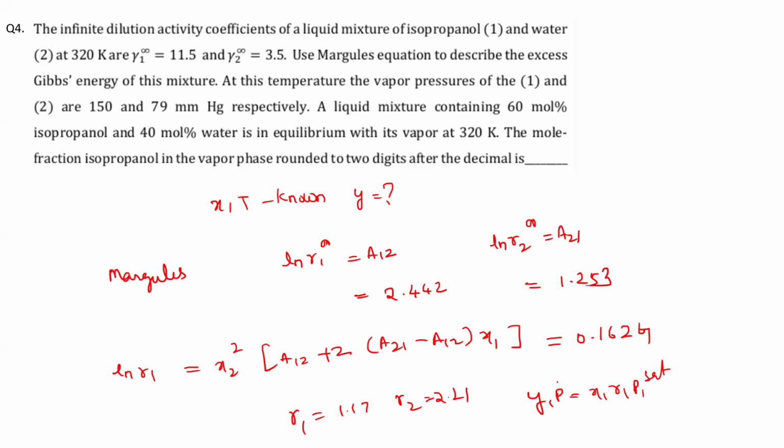And the P1 sat and P2 sat are anyway given here, right? So gamma 1 we have found, P1 sat, P2 sat are given, x1 is known, and the pressure is anyway x1 P1 sat plus x2 P2 sat. So that is how you will find y1 equal to 0.6 and y2 is equal to 0.4. Okay, right.